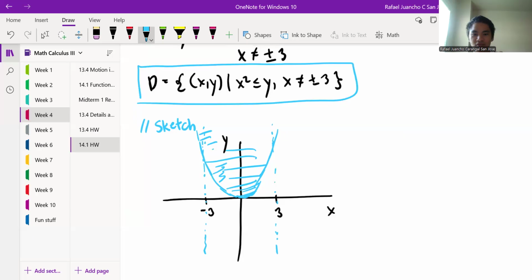This is our domain. It's everything that's up here, because we're saying that my x squared is less than or equal to y, including the parabola itself as well as when it's less than. So it's probably like inside this function, kind of. That's how I think of it.